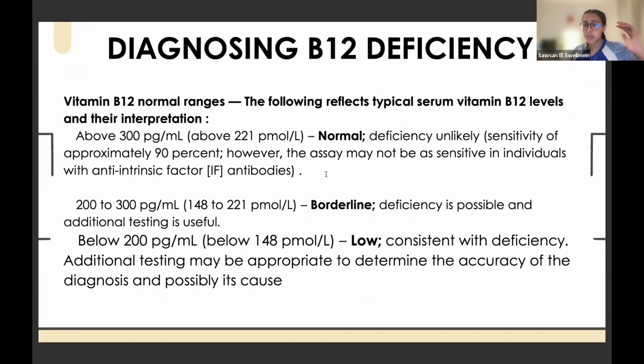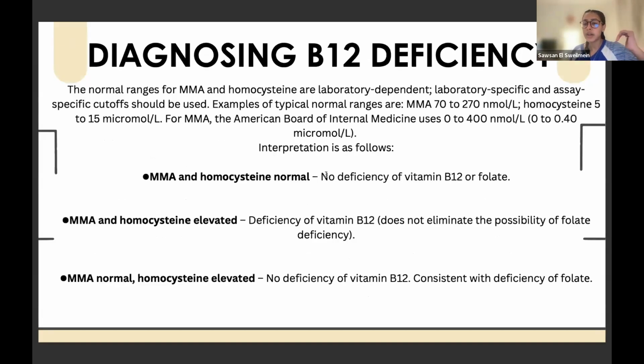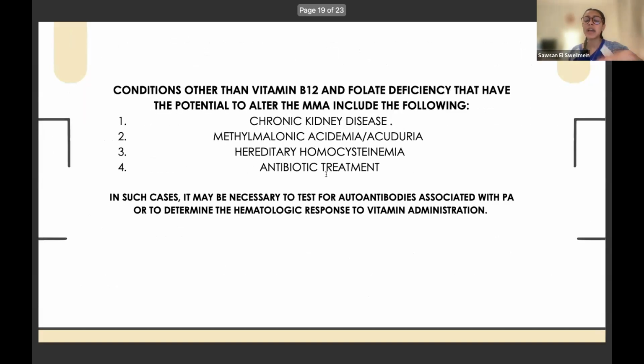And in order to confirm the diagnosis of B12 deficiency, we also order, as we've mentioned, the methylmalonic acid levels and the homocysteine levels. We need to have them both elevated in order to diagnose that patient with a B12 deficiency. However, there are certain conditions that can alter the levels of MMA, the methylmalonic acid, other than B12 deficiency.